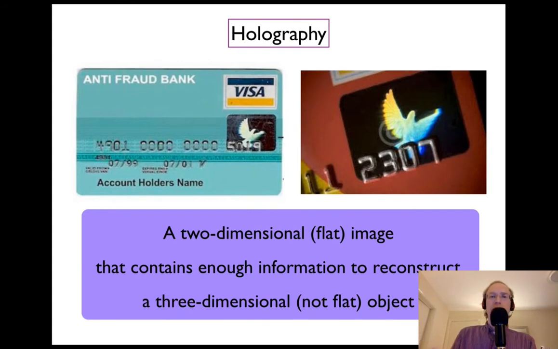So why is it called holography? Well, I don't know, maybe it's obvious, but I'll explain. First of all, in the real world, what's a hologram? You've probably all seen an actual hologram because every credit card has a hologram on it, a hologram of a bird flying, and the reason they do that is because a hologram is very difficult to counterfeit. But anyway, in the real world, a hologram is a two-dimensional or flat image, but it contains enough information to reconstruct a three-dimensional object, like a bird.